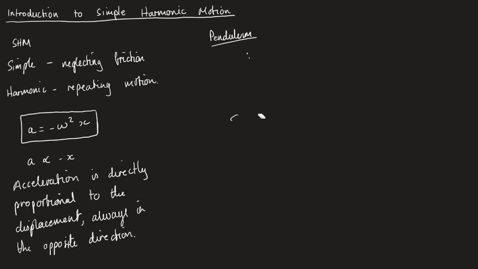Let me get a larger diagram of this. Okay, so let's say we have this pendulum here, and this is our origin point, and we know that this is going to swing through some sort of curved path. At this point here, we know that it's going to begin to accelerate in this direction.